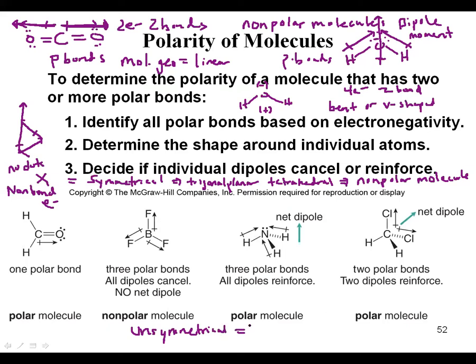Those are your angular, your bent or V-shaped, and your trigonal pyramid.